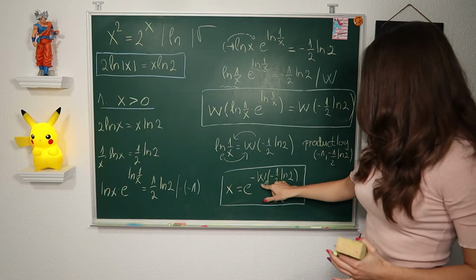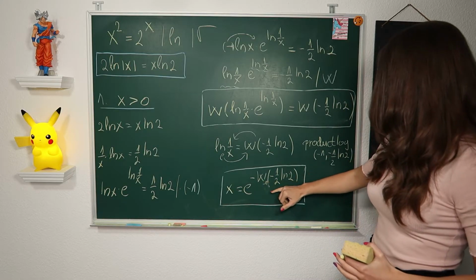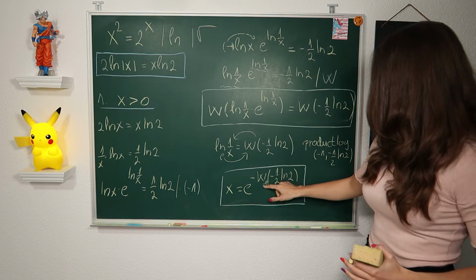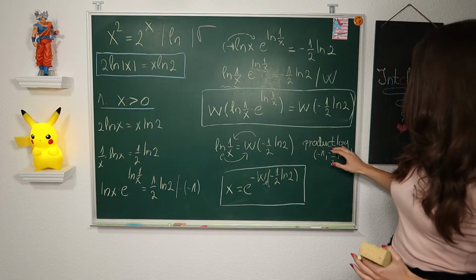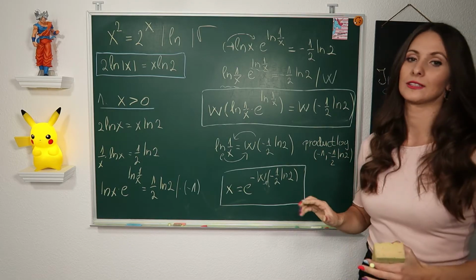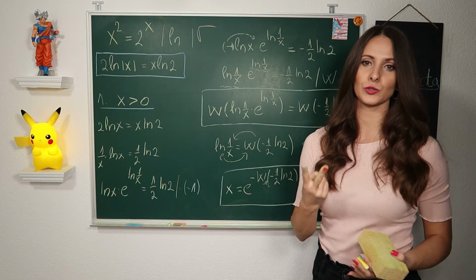So for W sub 0, you will enter the same, e to the product log of negative 1 over 2 ln 2. And for W sub negative 1, you will have to enter product log negative 1 comma negative 1 over 2 ln 2. So now you know how to use Wolfram Alpha to get two solutions.